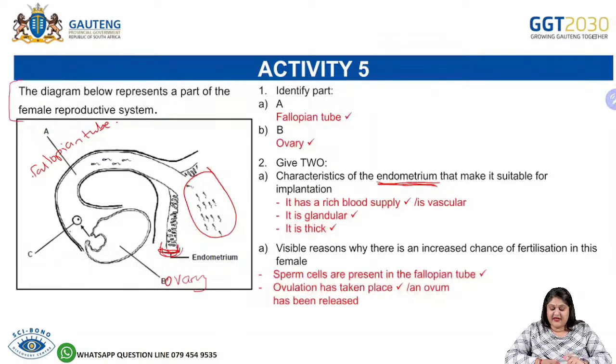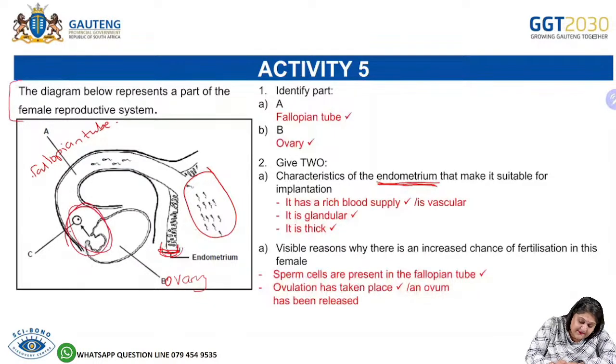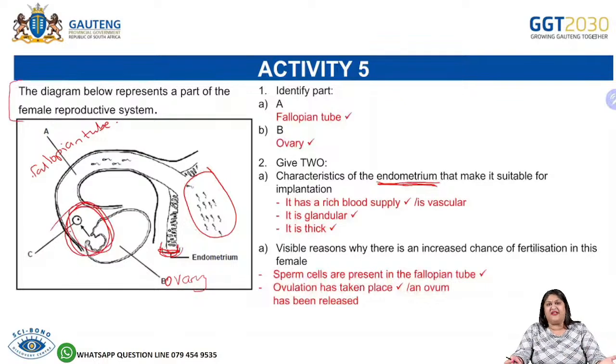Secondly, ovulation has taken place. Okay, and how do we know that? An ovum has been released. So you can see here that ovulation is taking place. But if you did not realize that, you would even say that an ovum has been released because you can see now that there's an ovum that is present. Fertilization cannot occur if there are no ova and if there are no sperm cells.